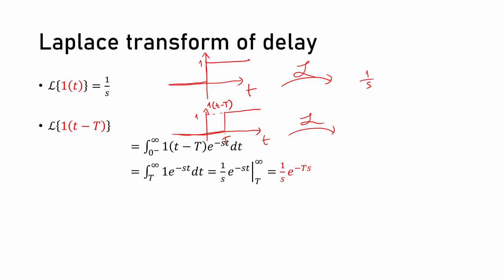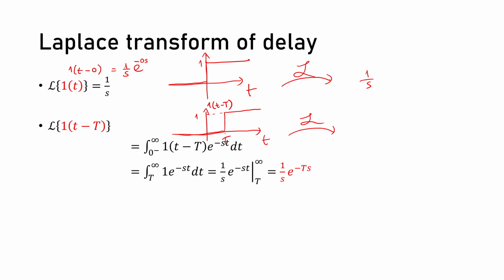And now let's take a look at the pattern, right? This one you can say 1 of t minus 0, then you have 1 over s times e to the minus 0s, right? You can say so.